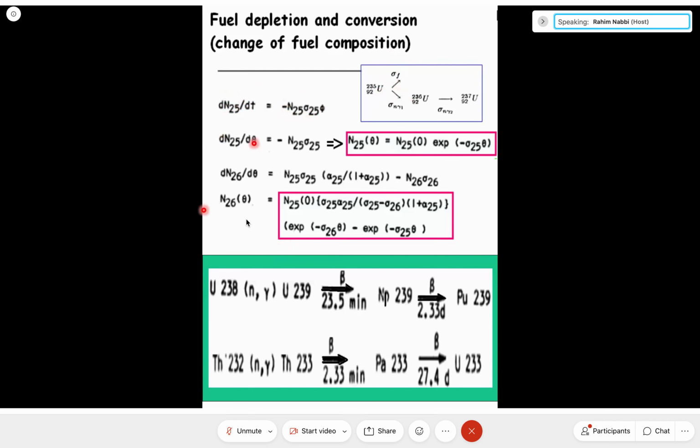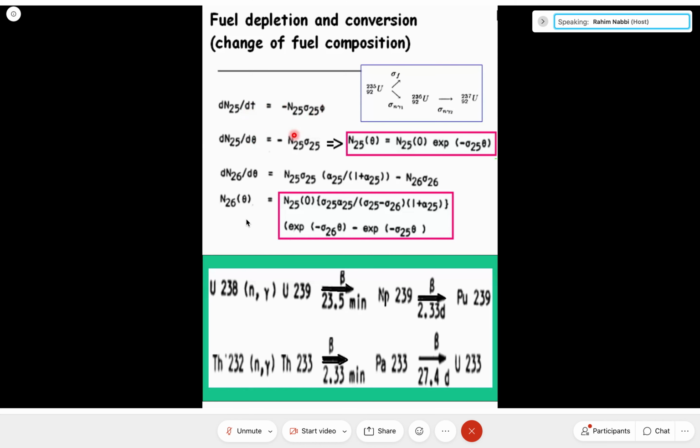Good. Now, you remember, I repeat everything from the last semester. If you take the phi, neutron flux, times dt, then you get d theta. D theta means, in this case, neutron fluence, not flux. Fluence is flux multiplied by time.